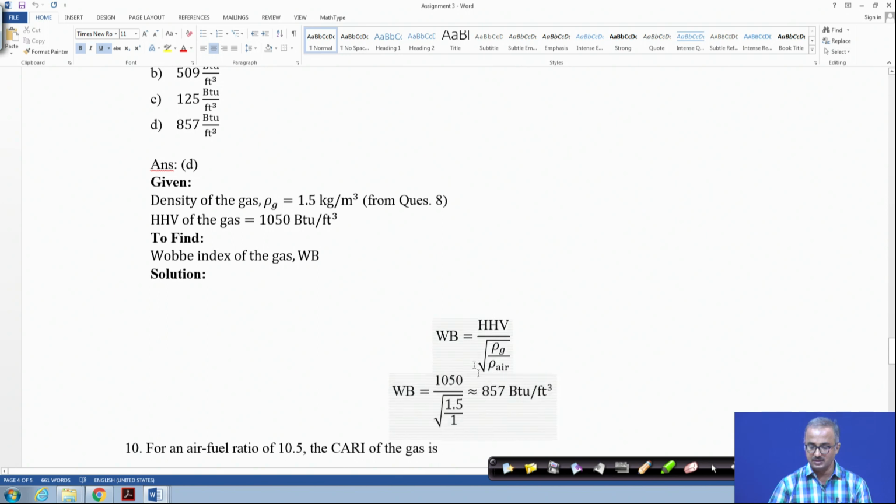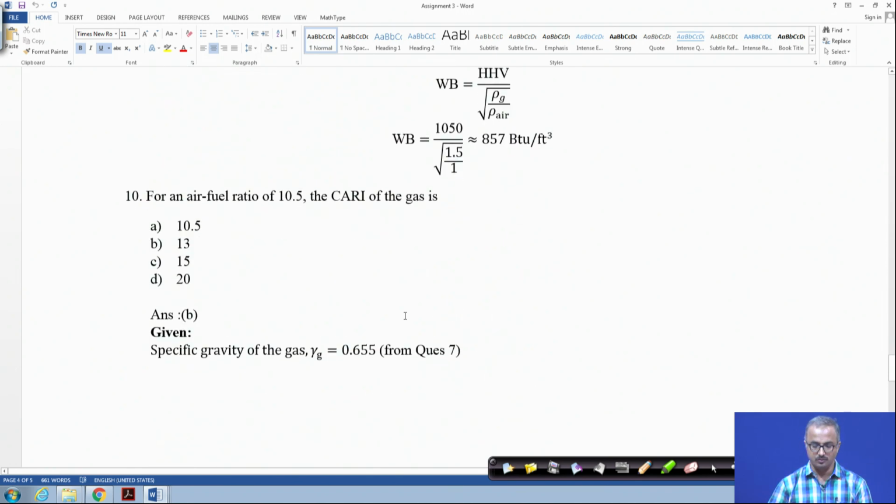If you do them in serial manner, you will not find that some data is missing. But if you choose randomly, then you may find that some data are missing. So I would suggest you do these problems in the same sequence as they have been given to you.